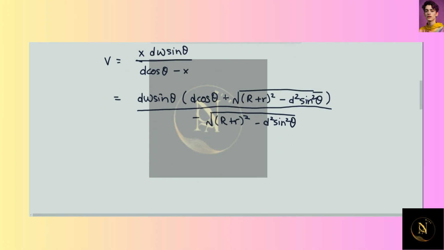Simplifying, we get minus d omega sine theta times 1 plus d cosine theta divided by the square root term.